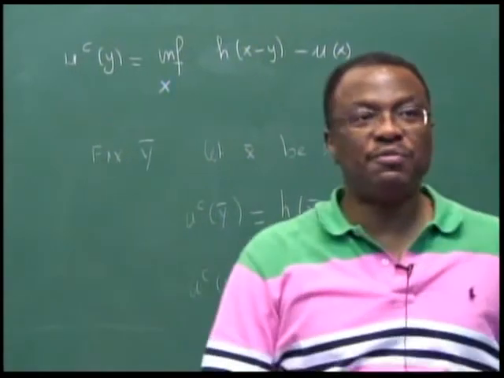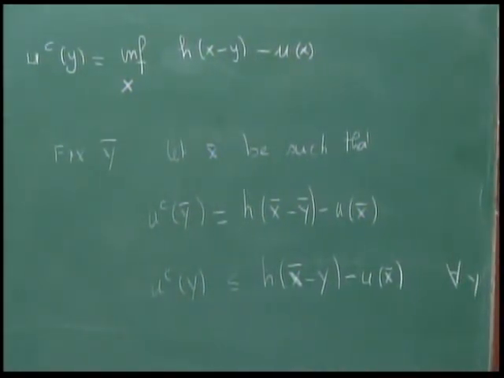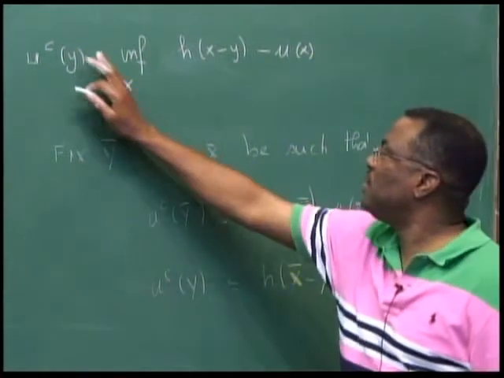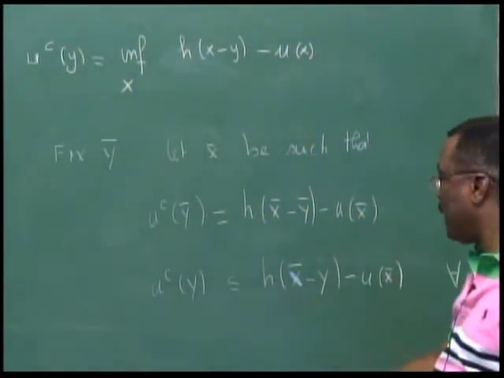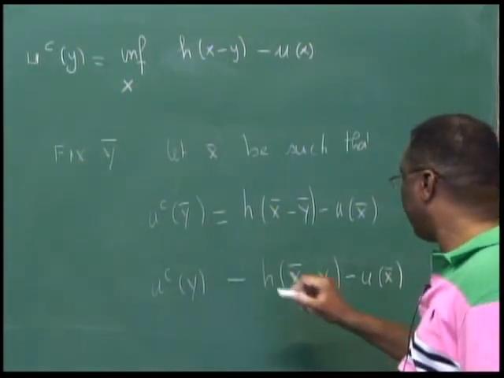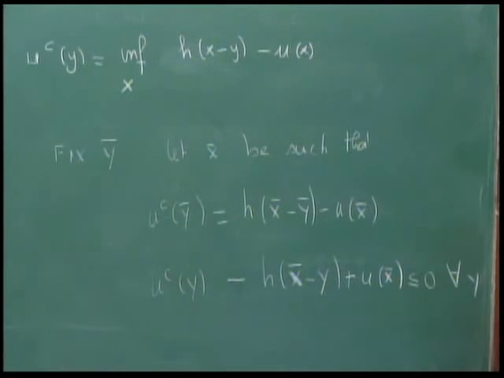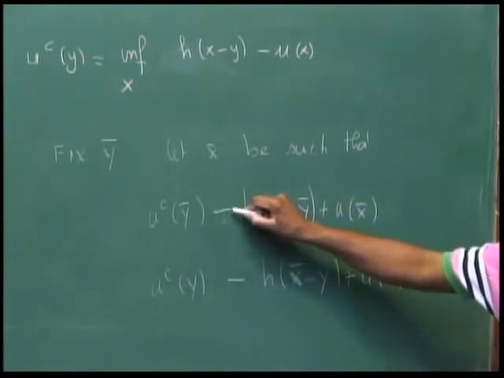So I am using the fact that uc and u belong to capital U C. Or just use this definition. This is less than that for every x. Now let me rewrite it differently. This is what I am saying. And here, this is what I am saying.